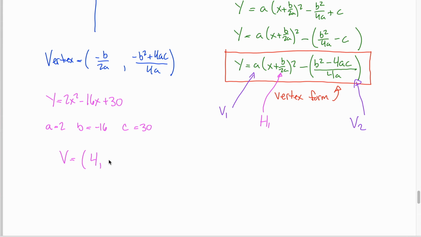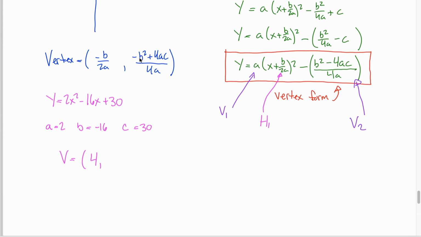What about the y coordinate of the vertex? Well, one way you could figure it out is by taking b and then squaring it, taking the negative of that, adding 4 times a times c, and dividing by 4a. So let's see. b is negative 16. Negative 16 squared, that's getting pretty big, but maybe you trust me that that's 256. So I have positive 256 with this negative, which makes it negative 256.